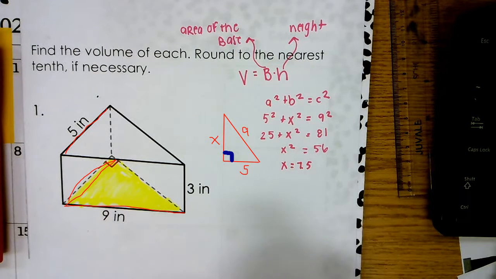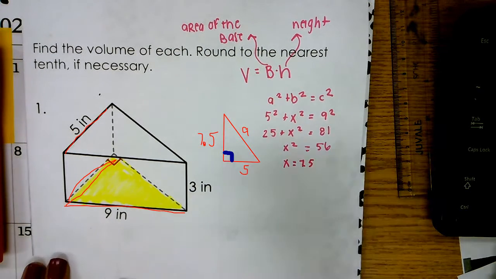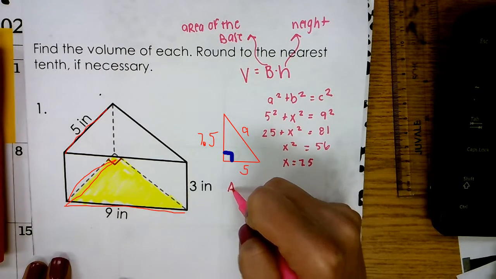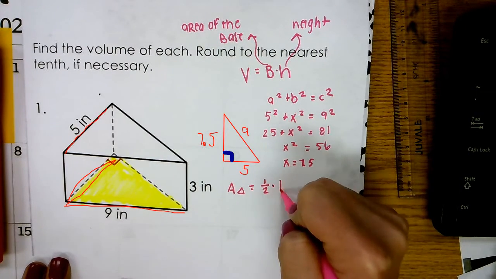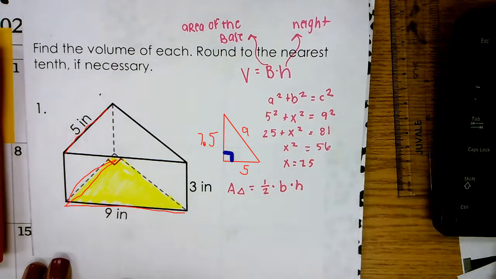So in our triangle over here where we have this x, I'm going to erase it and write in 7.5 because we figured that out. And now we can find the area of that triangle. The formula for the area of a triangle is 1/2 times the base times the height.